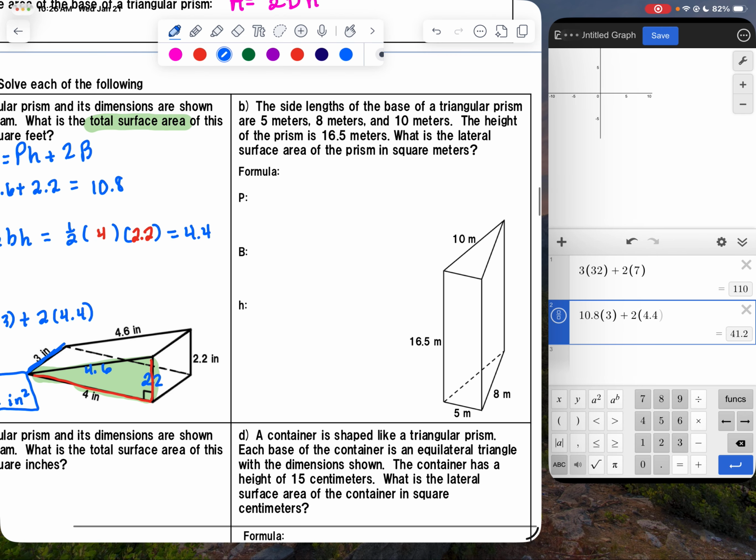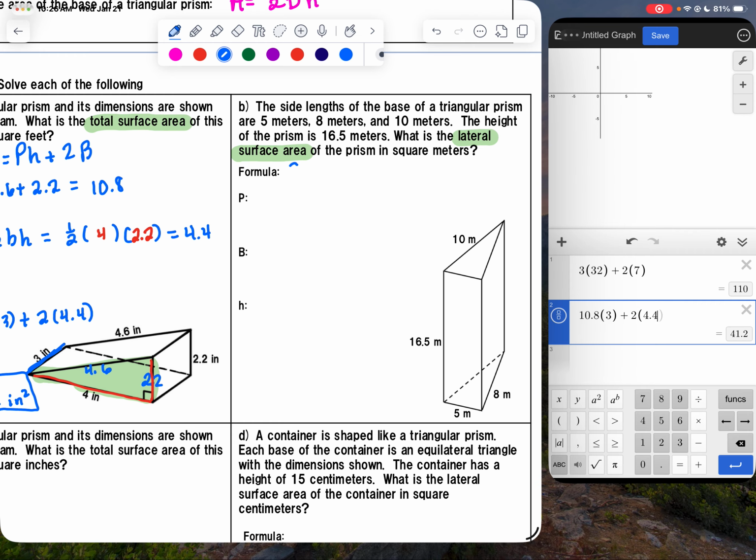All right, problem B. The side lengths of the base of a triangular prism are 5 meters, 8 meters, and 10 meters. The height of the prism is 16.5 meters. What is the lateral surface area of the prism in square meters? So in this problem, they're asking for lateral surface area.